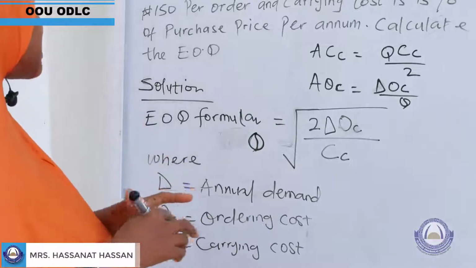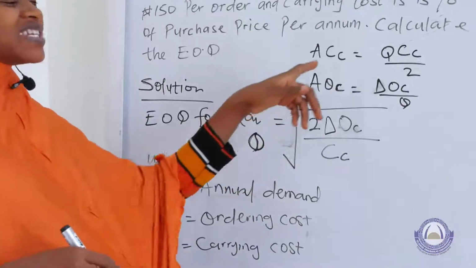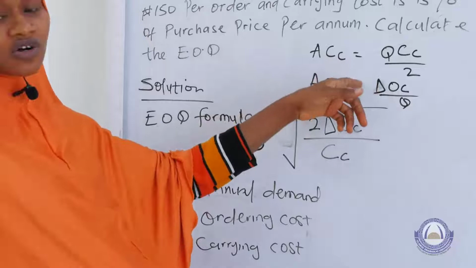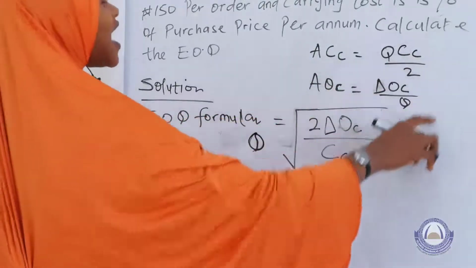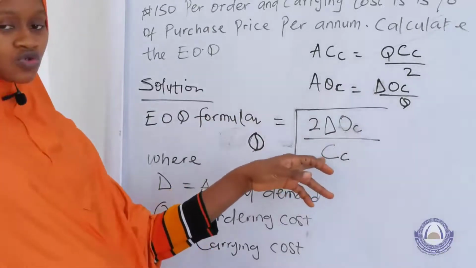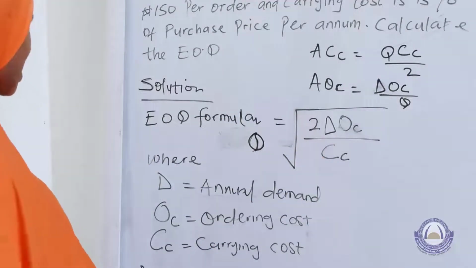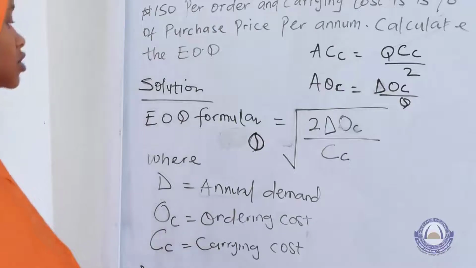Don't forget, the economic order quantity is that quantity that equates the annual carrying cost with the annual ordering cost. Equating them results in our Q, the economic order quantity.